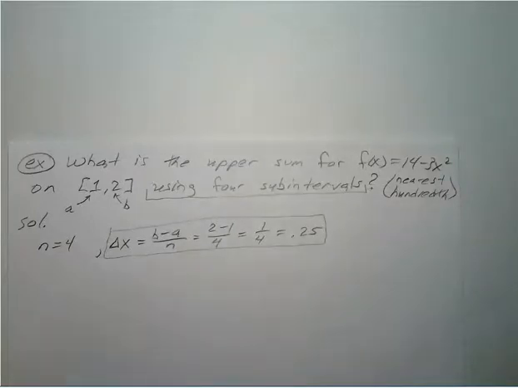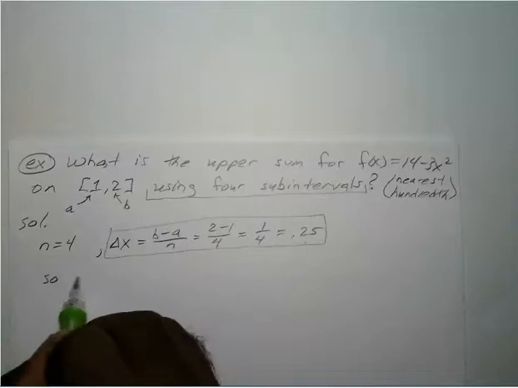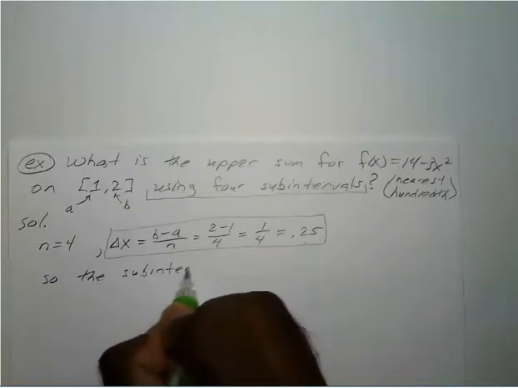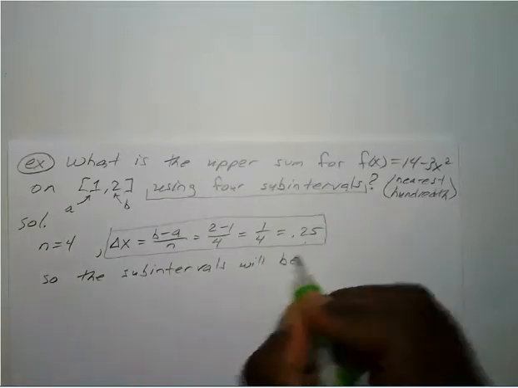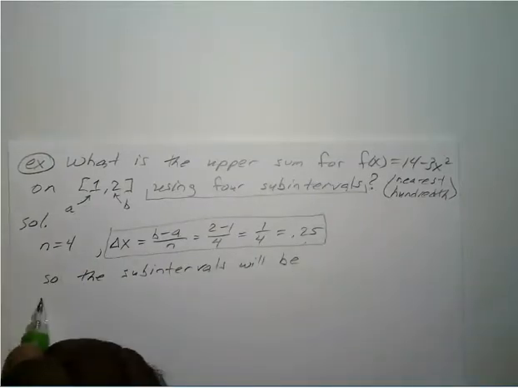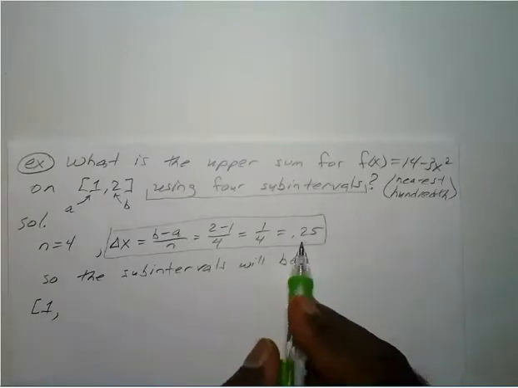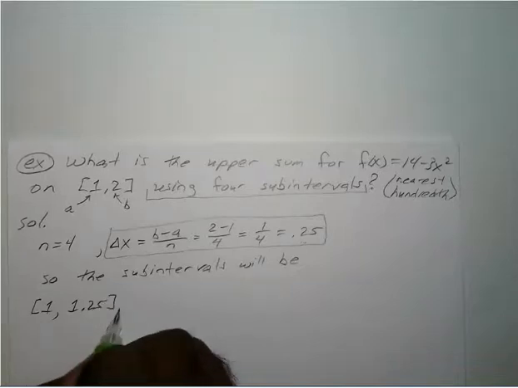All right, so we have our n equals 4, and we have our delta x. So now we find our subintervals. Okay, so the subintervals will be, again, we're going to start at 1, and we're going to move up 0.25. So that's from 1 to 1.25.